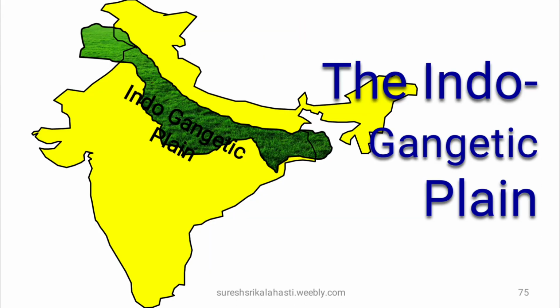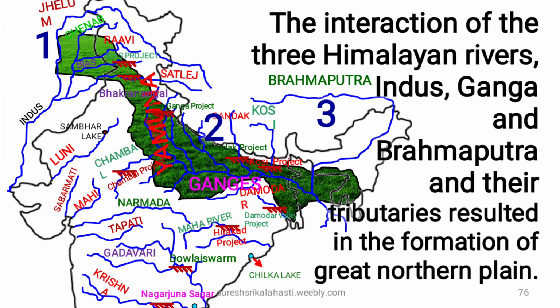Okay, next, the second major relief feature of India is the Indo-Gangetic Plain. It is divided into three parts: eastern part, central part, and western part. The interaction of the three Himalayan rivers, Indus, Ganga, and Brahmaputra, with their tributaries resulted in the formation of the Great Northern Plain, that is called Indo-Gangetic Plains.